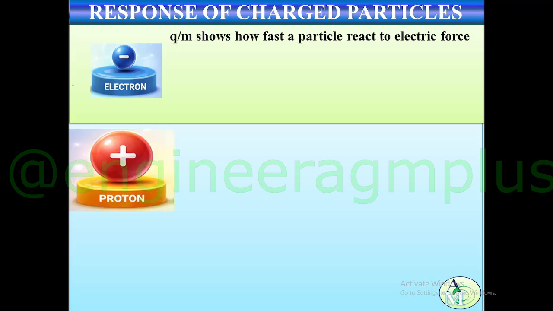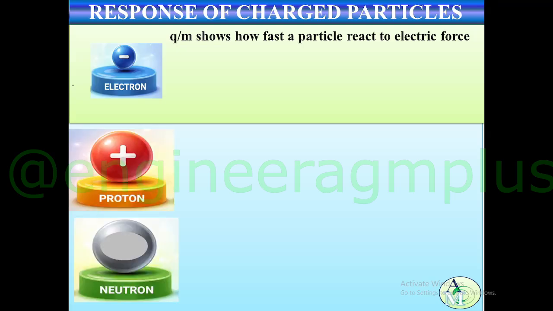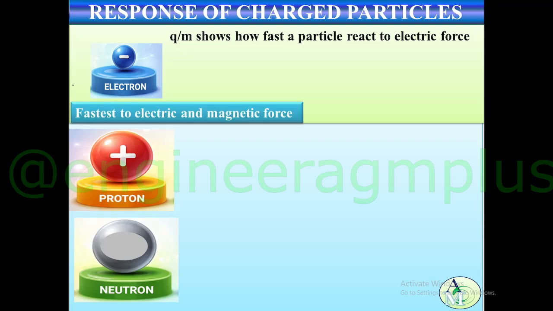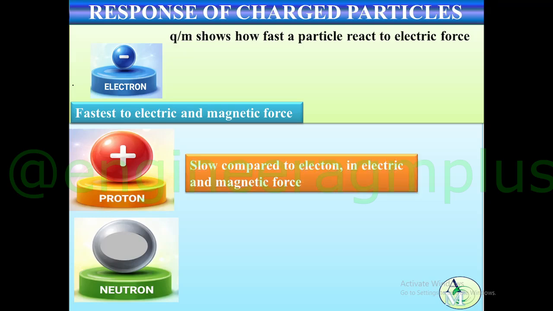For example, electron, proton, and neutron, comparing their charge to mass ratio, what does that mean? It means that electron has the highest charge to mass ratio, which suggests that it is the fastest in electric and magnetic force. Whereas proton, compared to electron, is slow, especially in electric and magnetic force.